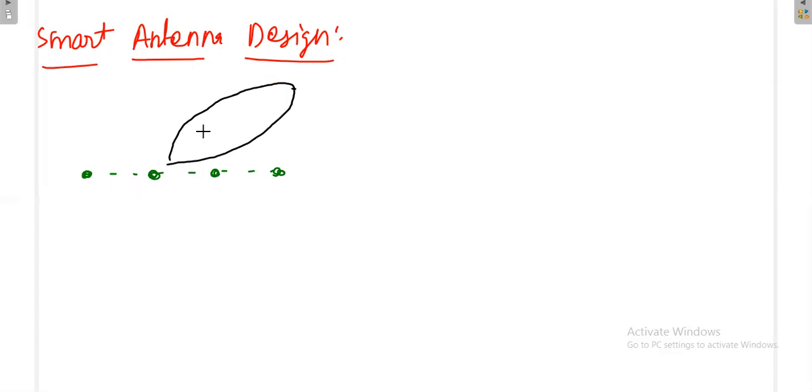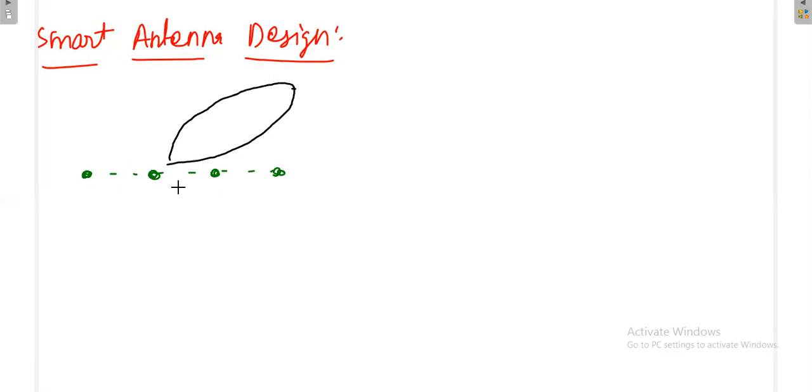Now I need maximum radiation in a particular direction other than 0 degrees and 90 degrees. That design is called smart antenna design. In this case, I am not moving the antenna structures physically, because if I moved physically, if I took it upward, then I could concentrate here, but that's not my aim.